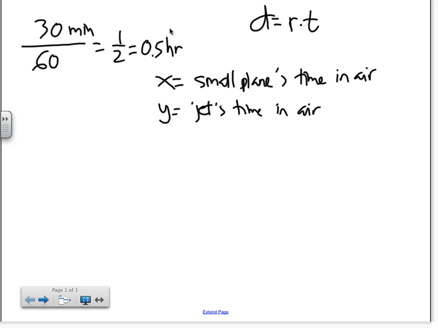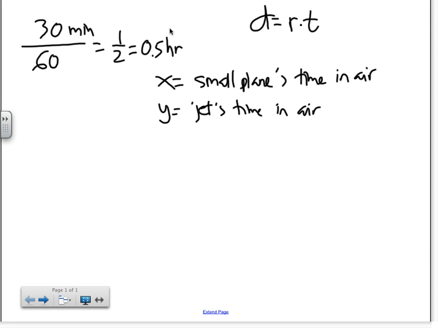So since we just defined time for each object, the jet and the plane, how can you use these two variables to come up with our first equation that has to tie into time? What do you know about the time of the two from the problem? Anything from the problem that has to do with time, you want to actually drag it out and say, hey, yeah, this is the information about time, and I'm going to have to do something about this time. All right, so think about that. Remember this first question that I asked you before?